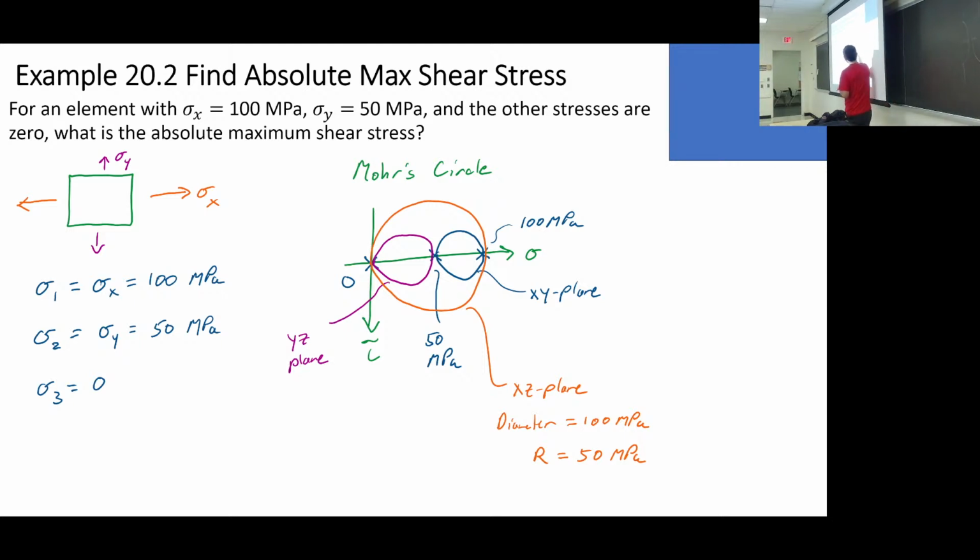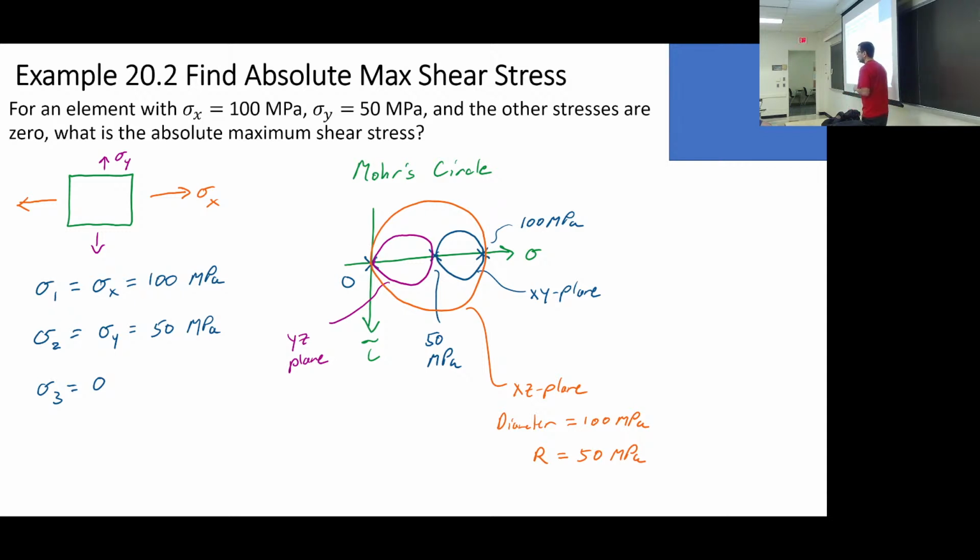So this point right here is not necessarily, in many cases, the center of this orange Mohr circle. In this case, it is, because it's 150 and 0. But if I had done 120 megapascals, 100 megapascals, 20 megapascals, and 0 megapascals, I would have gotten the same absolute maximum shear stress.